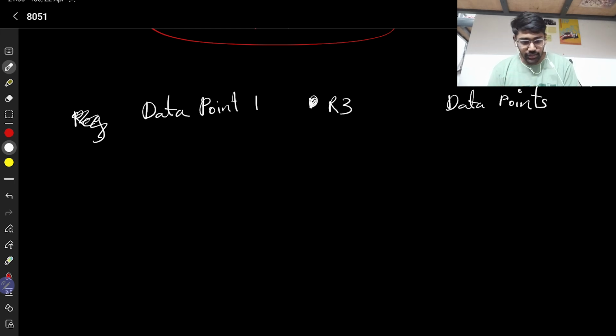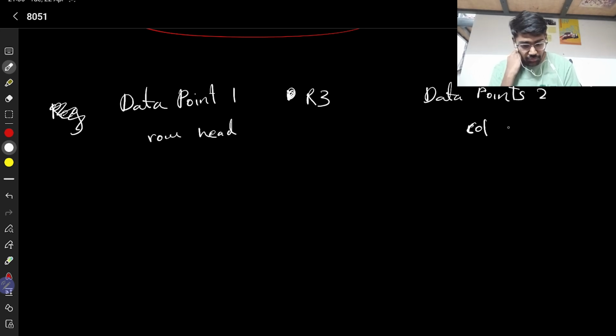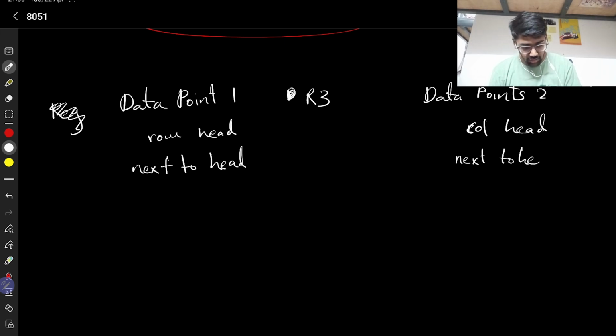Data point 1 and data point 2 will be holding the row addresses, the row position of the head, and this will be holding the column position of the head, and so does the next-to-head row and next-to-head column.